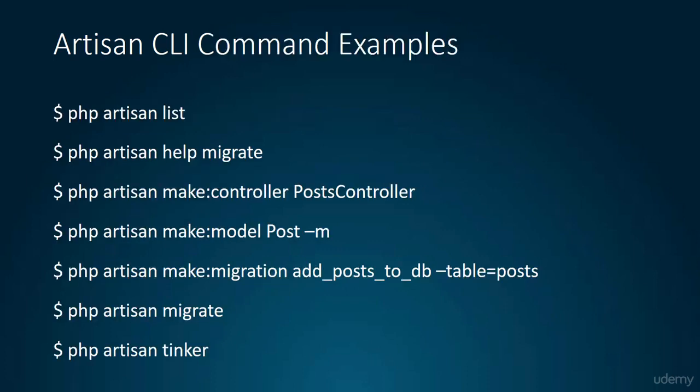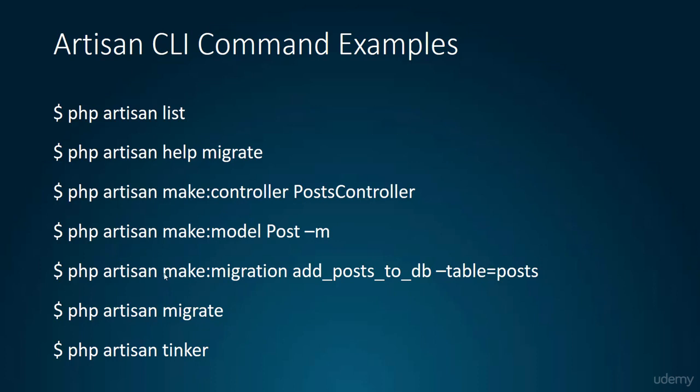So here's some examples of some CLI commands. php artisan list will list all the commands that you can use with artisan. You can use help if you want to see what a command does. If you want to create a controller, you can use make:controller and then the name of it. You can also make models, and by attaching the -m here, you'll create a migration file for that model.